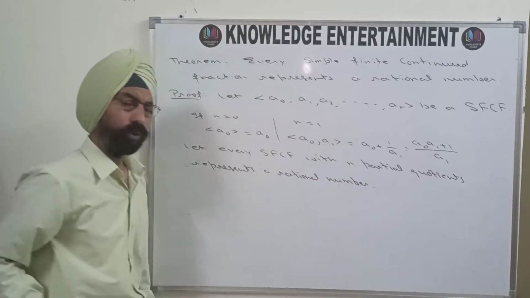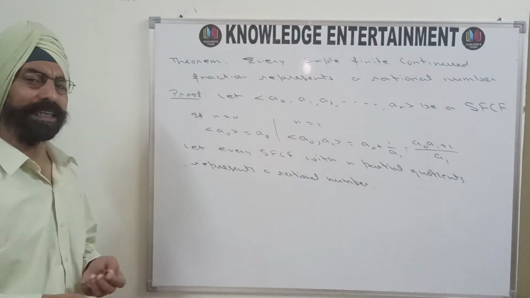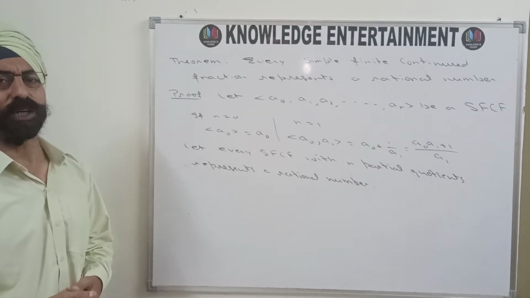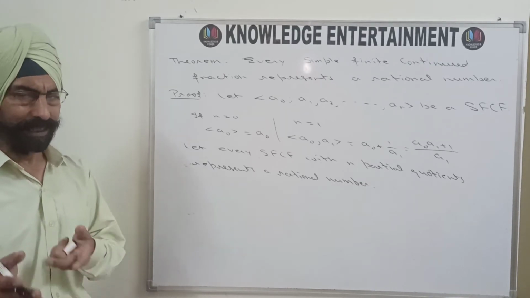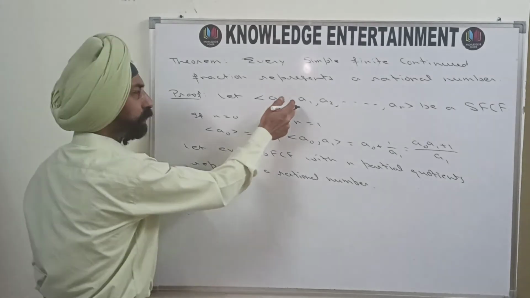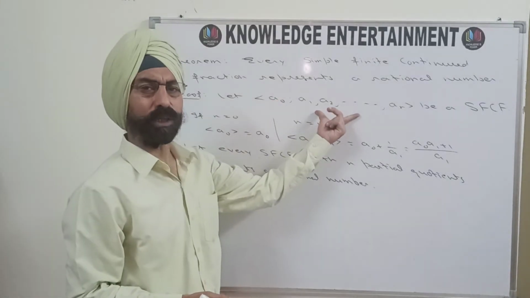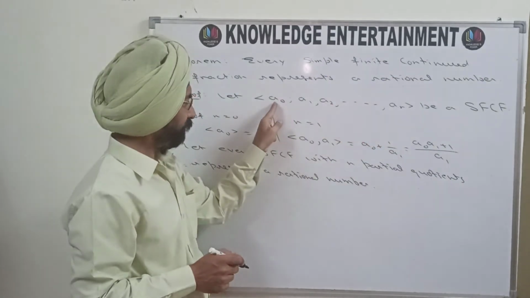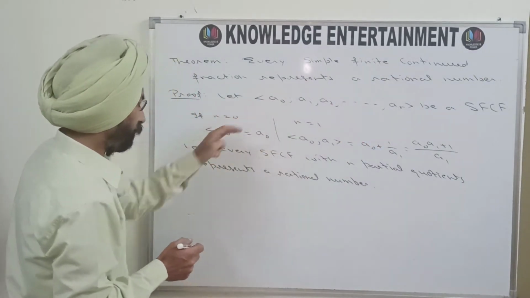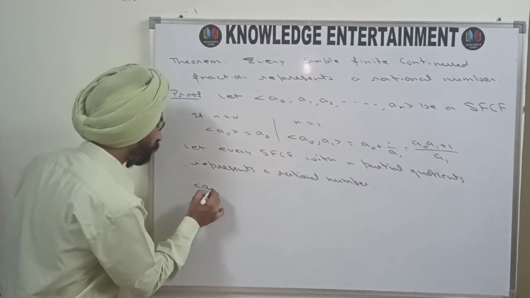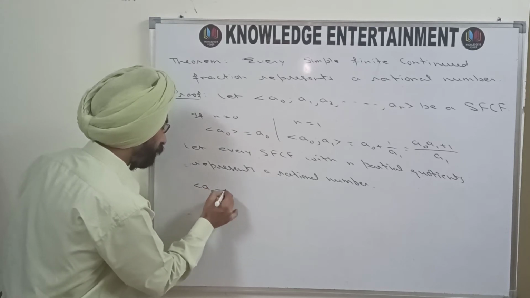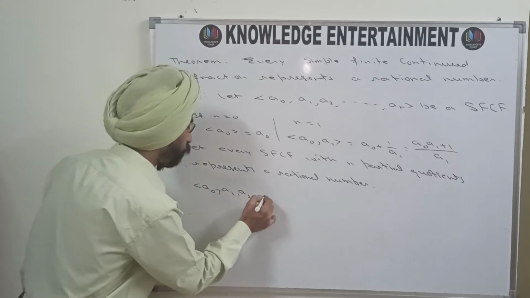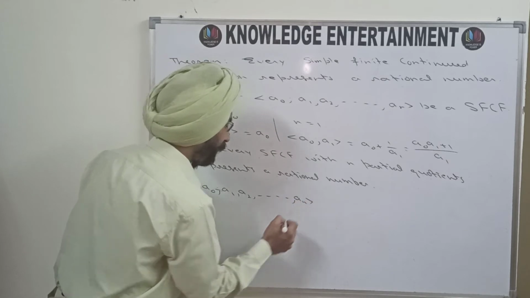And now we have to move on to the case where the number of partial quotients is more than n, that means n plus 1. So that means this number, because here the number of partial quotients is n plus 1. a1, a2, up to an, n are here and one more is here, a0. So we are going to take this a0, a1, a2 and so on, an.